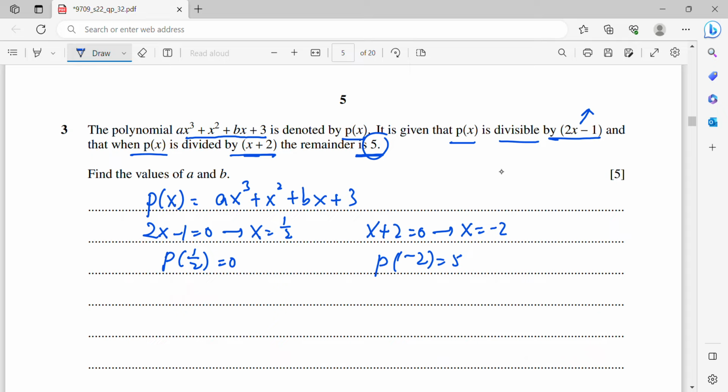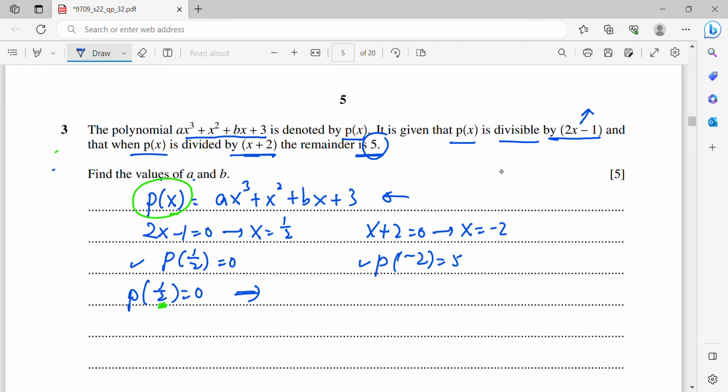Now find the values of a and b. So now I'm going to substitute these two values into the equation. Starting with p(half) equals 0, when my x equals half, p(x) is 0.